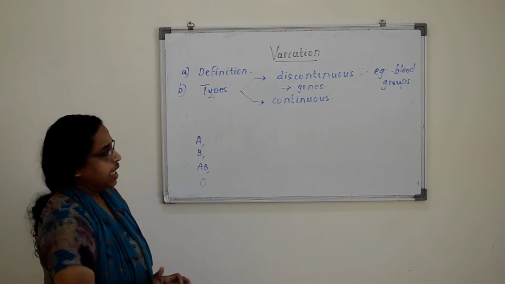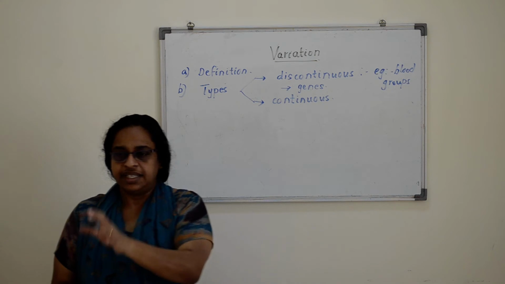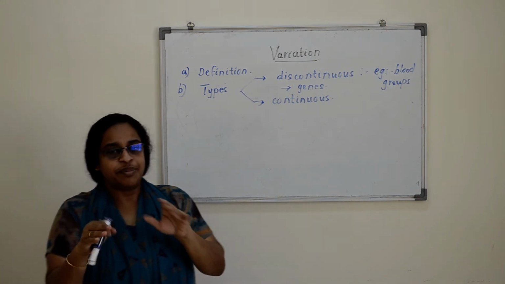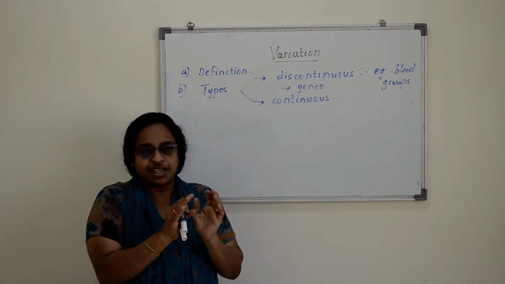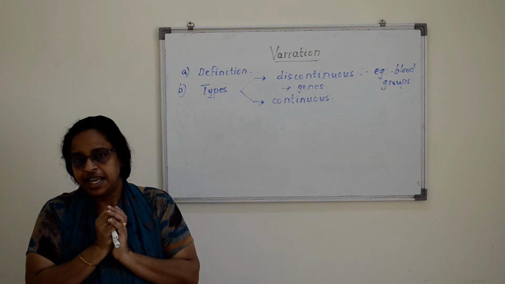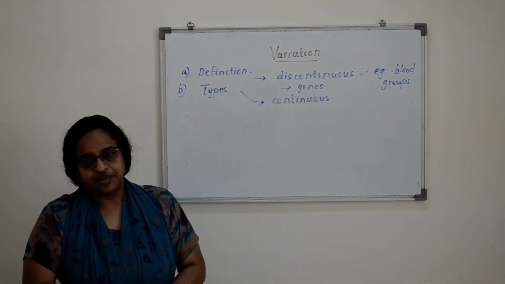Now, if you check your height and your friend's height, all of you belong to the same class. Maybe the birthdays are also not so far, more or less nearer. But still you can see a lot of difference in your height, is it?